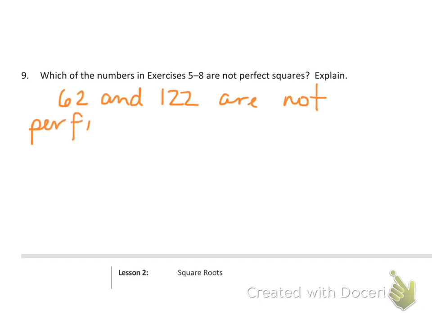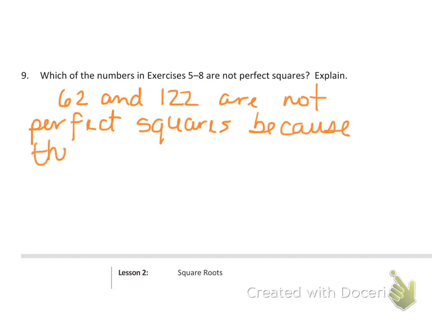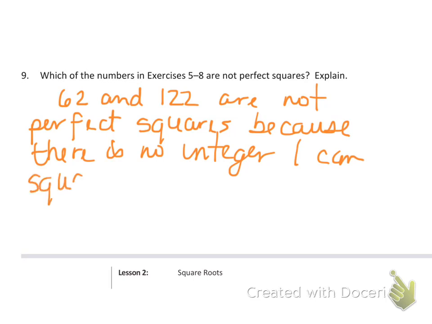And the reason they're not perfect squares is because there's not an integer that I can multiply by itself and get that number, because there is no integer I can square to get these numbers.